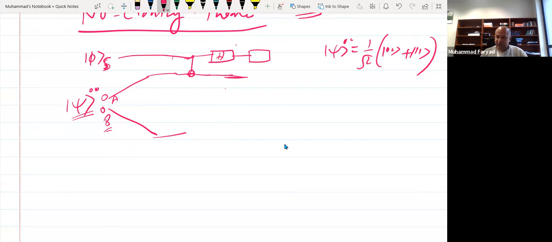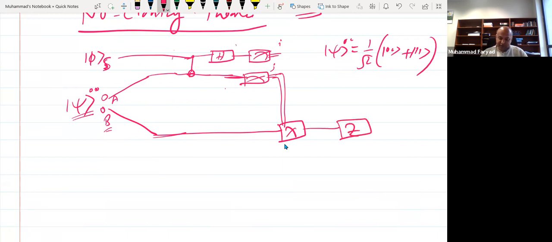So let's measure this one, and let's say I get some I, and then I measure this thing and I get something, J. And then for this qubit, I perform an X gate controlled by this Jth result, and then I perform a Z gate controlled by this I result, and then I claim that the state of this qubit is the same as the state of this first qubit.